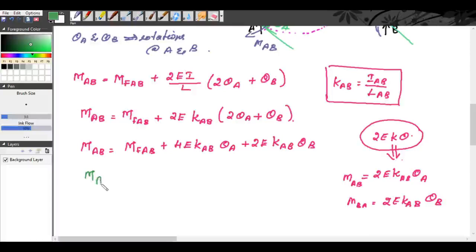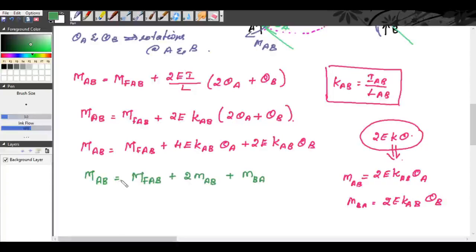So what we get is MAB is equal to MFAB plus 2mAB, small m, the rotational contribution, plus mBA.